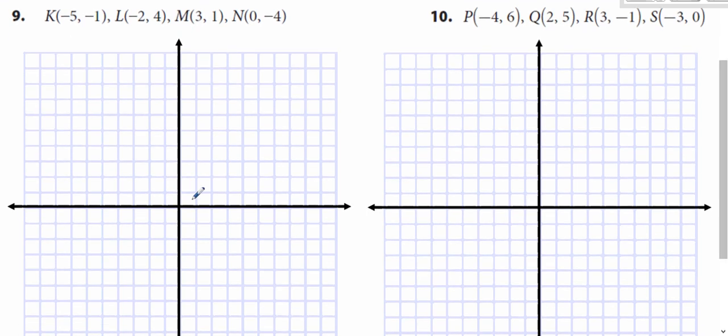So when you plot these points, K is (-5, -1). L is (-2, 4). M is (3, 1). And N is (0, -4).